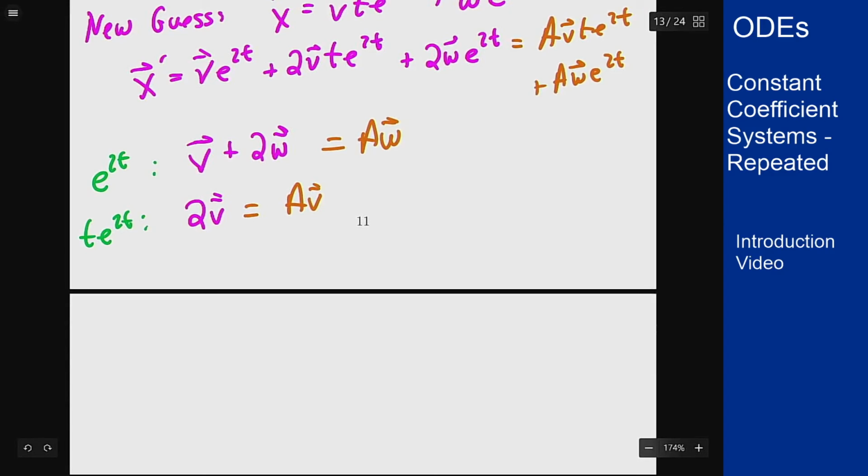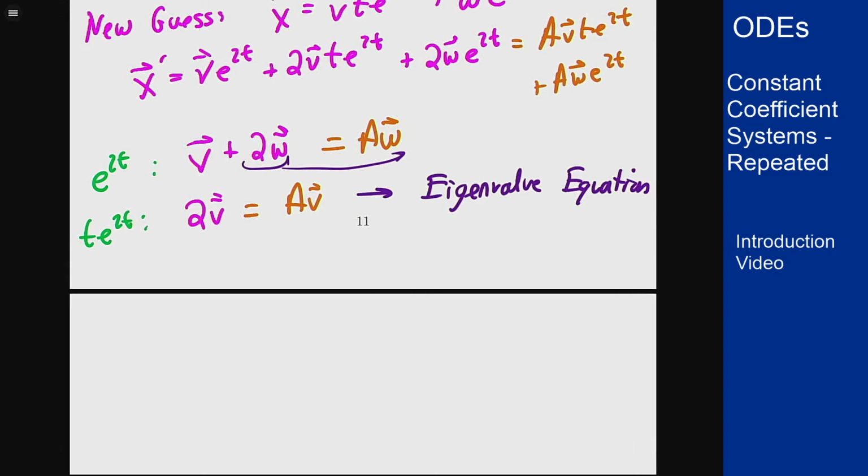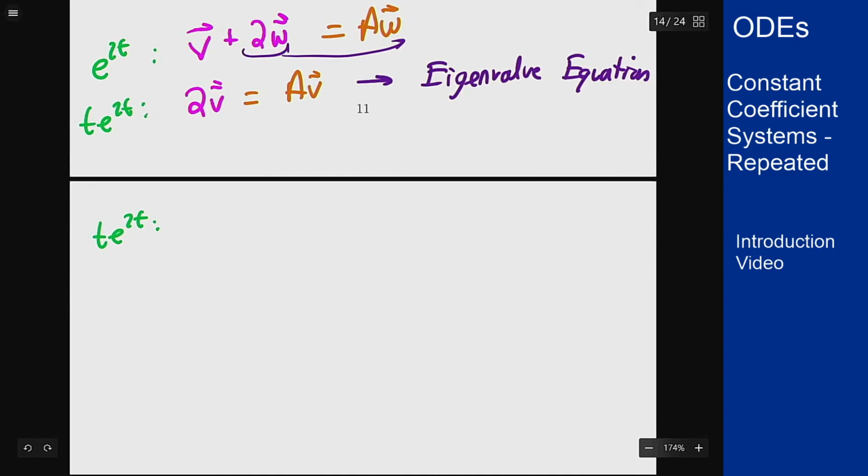Well, this I recognize. This is an eigenvalue equation. And if I move this over here, I get something that looks kind of similar. So from the t e to the 2t, we see that we want to solve av minus 2v equals 0. That is, v is an eigenvector of a with eigenvalue 2.